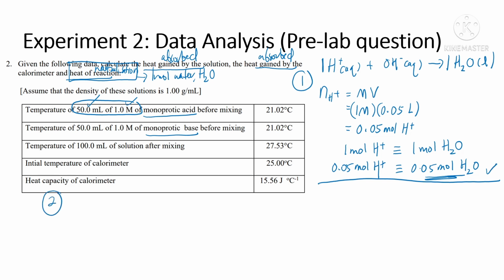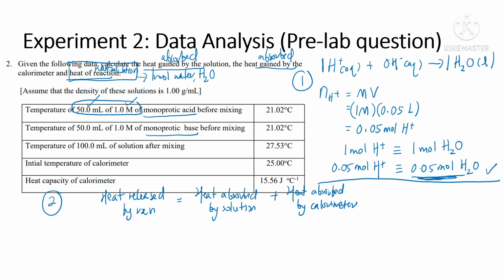Second, we calculate the amount of heat released in this neutralization reaction when 0.05 moles of water is being produced. To calculate that, we can use the formula: heat released by the neutralization reaction is equal to the heat absorbed by solution plus heat absorbed by calorimeter.